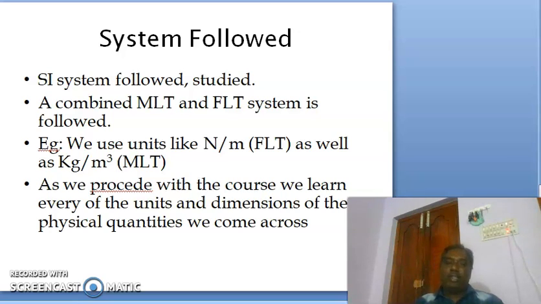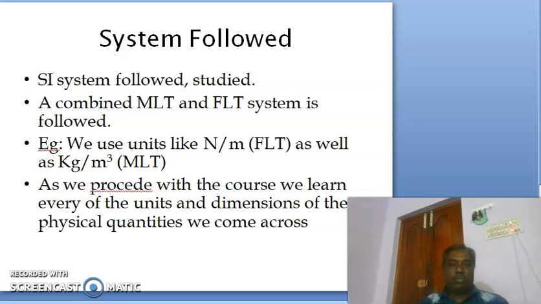For example, we use a unit Newton per meter under the FLT system, as well as kg per meter cube under the MLT system, and we use both the units in practical usage. As we proceed with the course, we learn the units and dimensions of every physical quantity we come across.